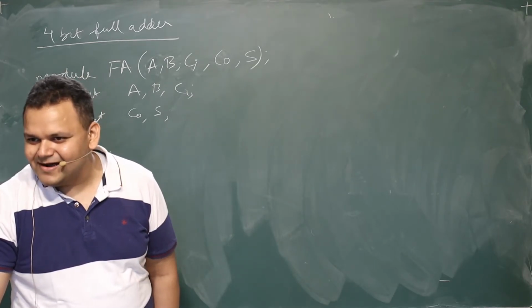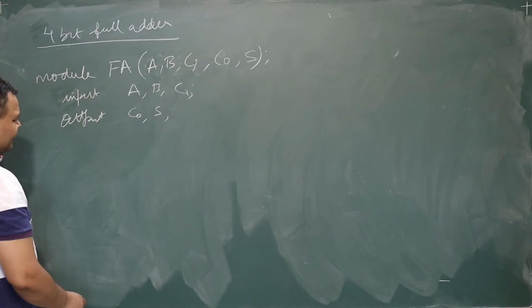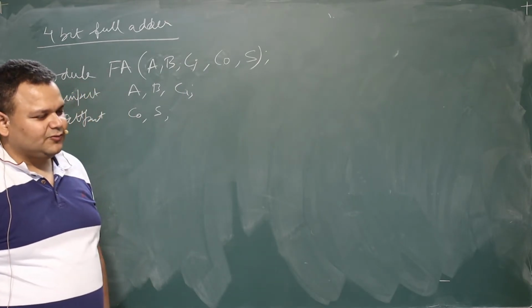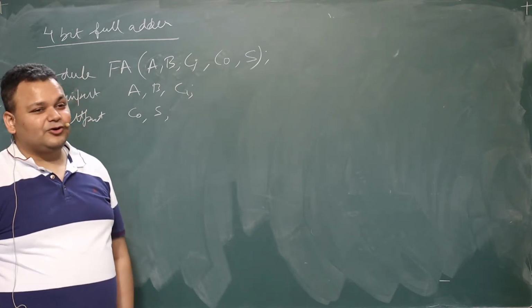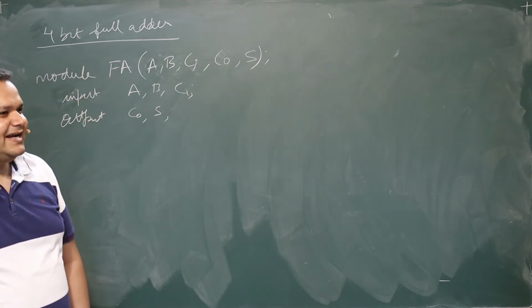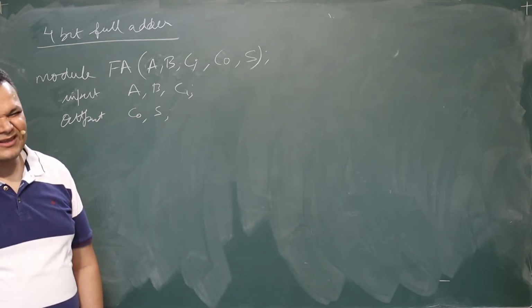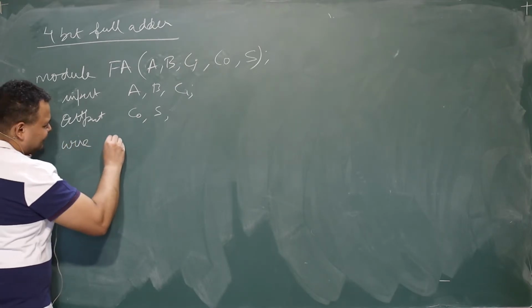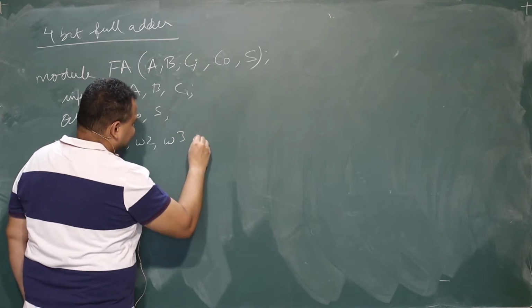So AB plus BC plus CA, so we'll require 3 AND gates followed by a 3 input OR gate, and so we'll require 3 wires. So let us call those wires W1, W2, and W3.